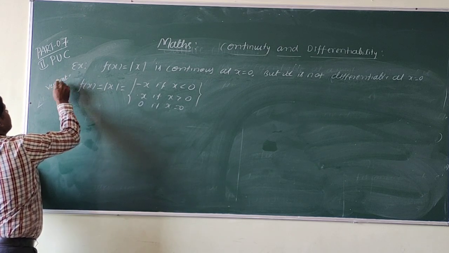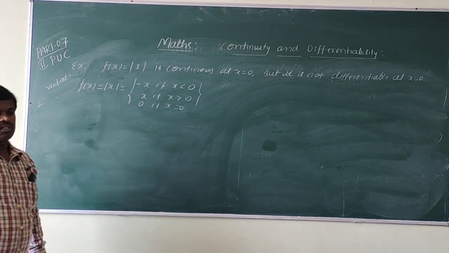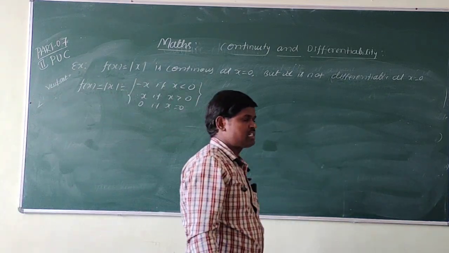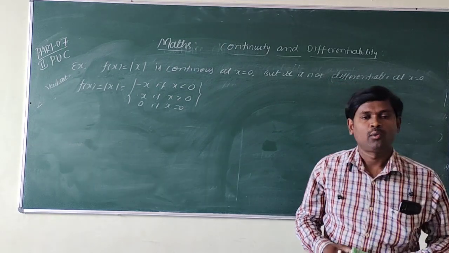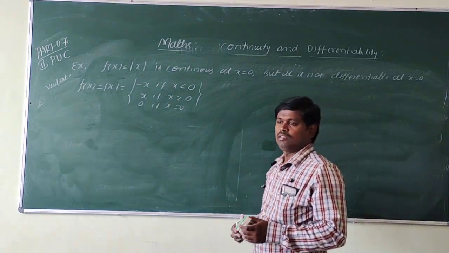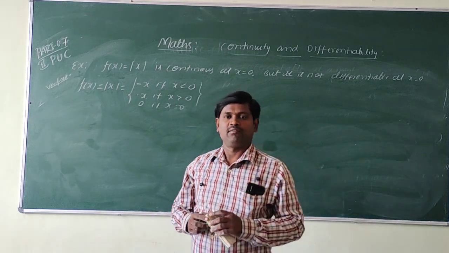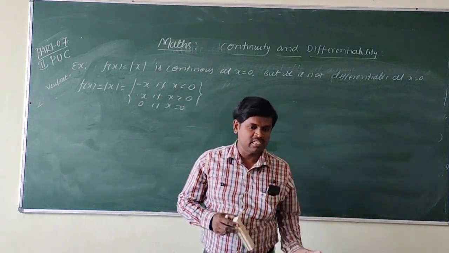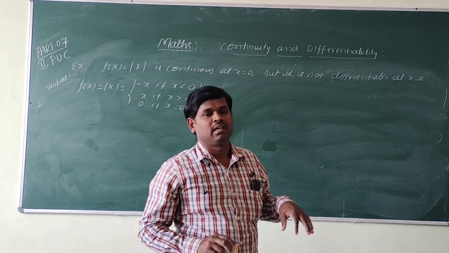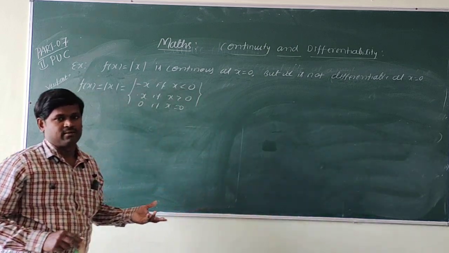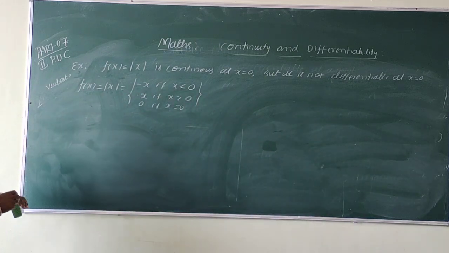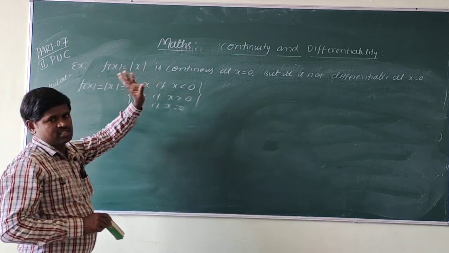To verify whether the given function is differentiable, we are going to verify the left hand derivative and the right hand derivative. If the left hand derivative exists and the right hand derivative exists and they are equal, then the function is differentiable.